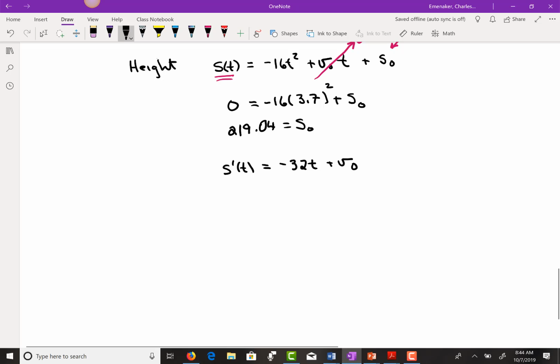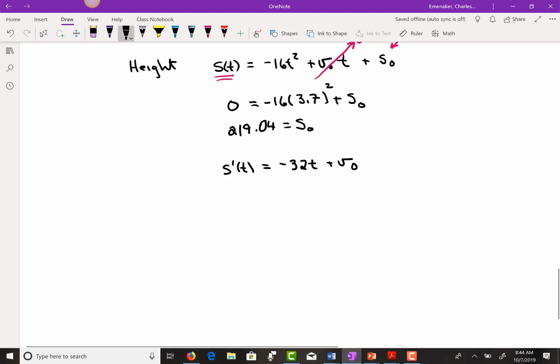What happened to s sub 0? When I took the derivative, the s sub 0 disappeared. Well, isn't that the initial height, which is just a number? And what's the derivative of any number? The derivative of any constant is 0. It's there. It's plus 0, but who really cares?